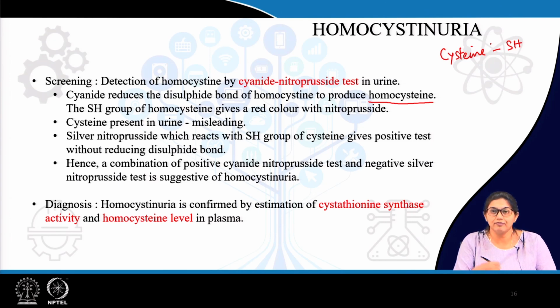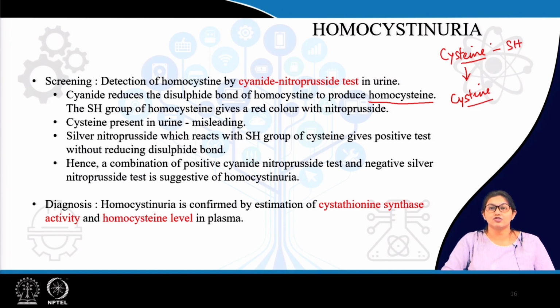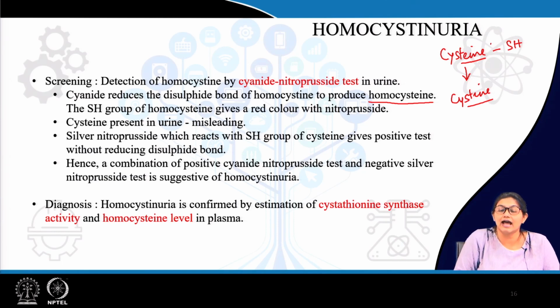So, basically what happens when oxidized, two molecules of cysteine are joined to form cystine. So, here please notice the spelling, it is C-Y-S-T-E-I-N-E, whereas cystine is only C-Y-S-T-I-N-E. So, basically cystine is the diamino acid, whereas cysteine is the single amino acid we are talking about here.